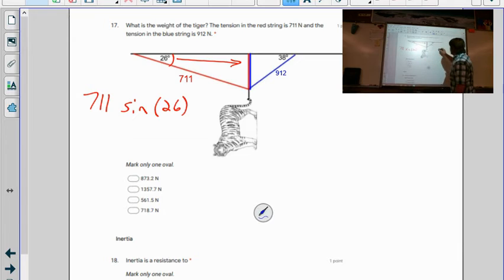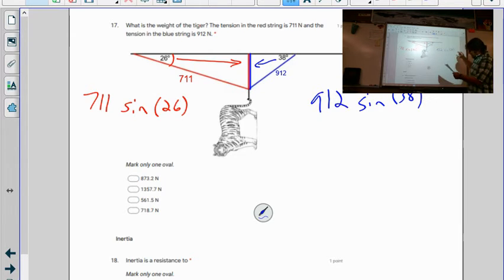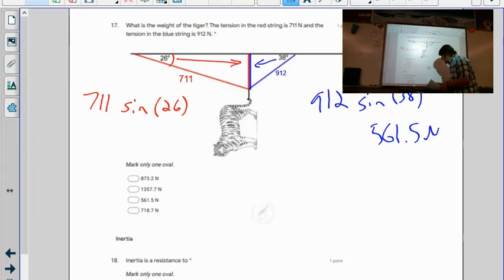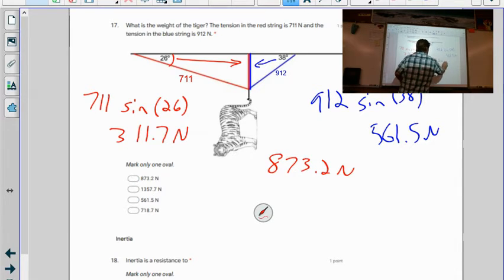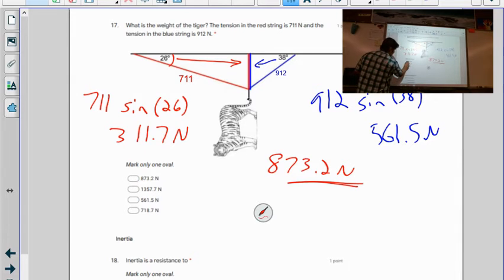And for this side over here, it's going to be 912 times the sine of 38, again because that's opposite. If you do this one, you'll get 561.5 newtons, and if you do this one, you'll get 311.7 newtons. They are both directed up, so we add those two together and get 873.2 newtons.